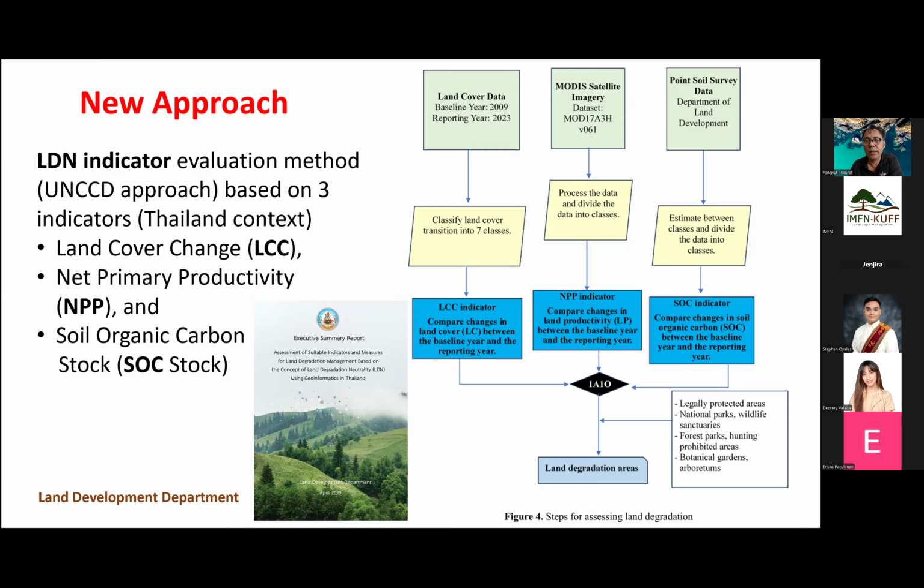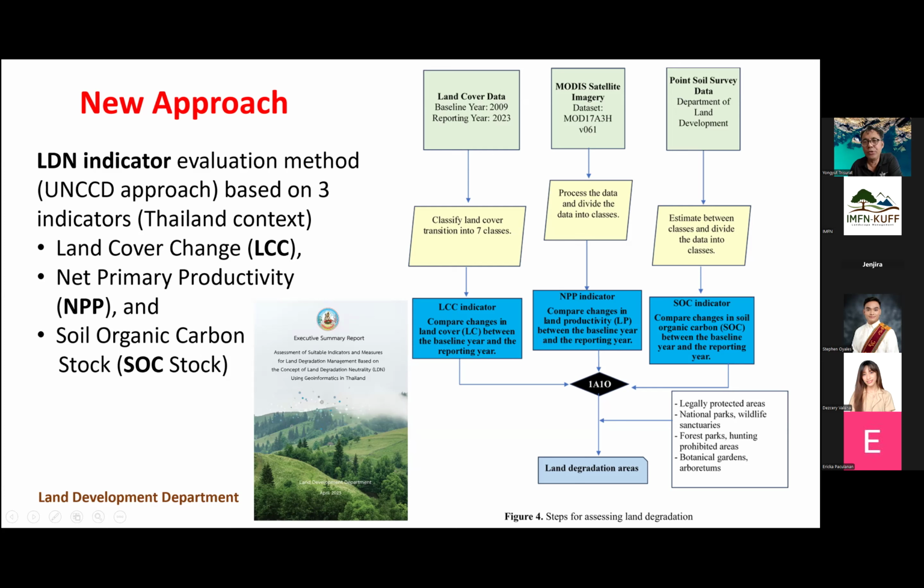Based on the soil sample points across the country, they can interpolate or generate the map of soil carbon in 2009 and 2023, and then superimpose them and do spatial analysis to determine the change of soil carbon.